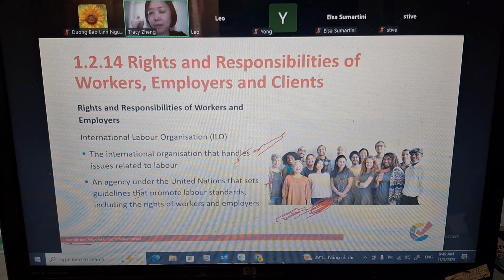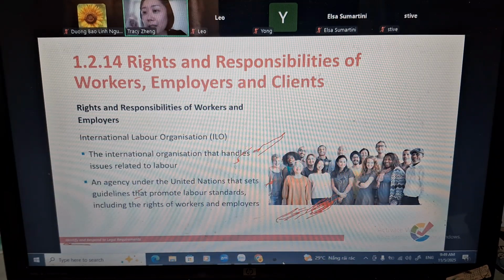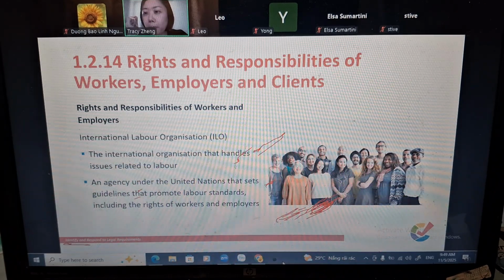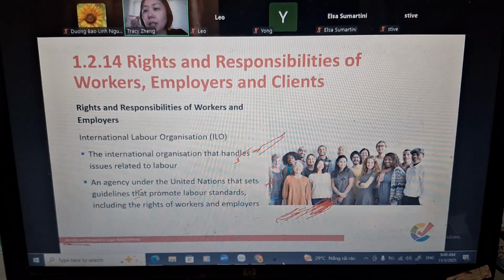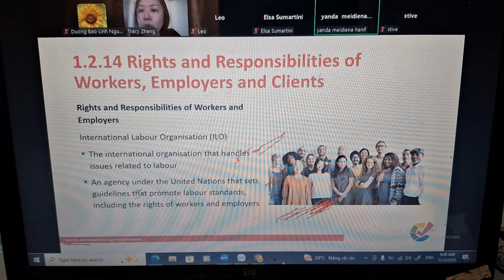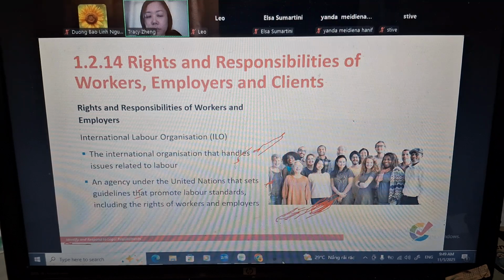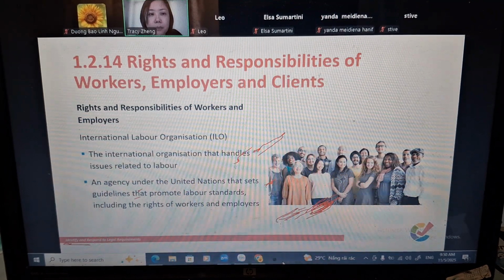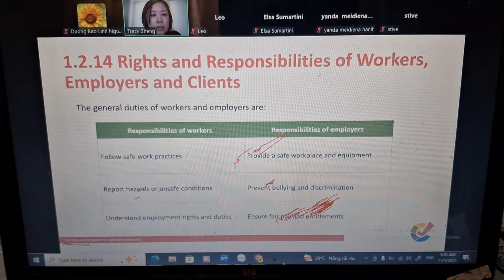Okay, yep, excellent. So don't forget, one of your main responsibilities is to follow your organization's policy and procedure. Okay, that is also another responsibility. So let's have a look at these slides.